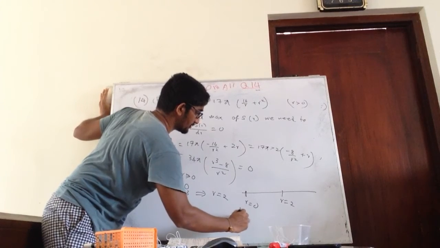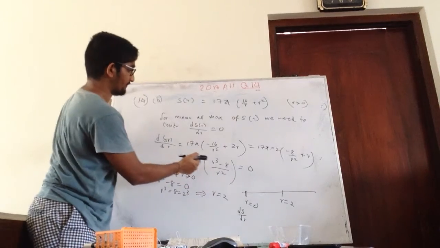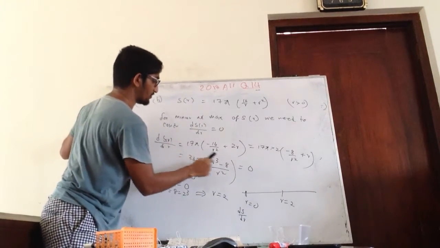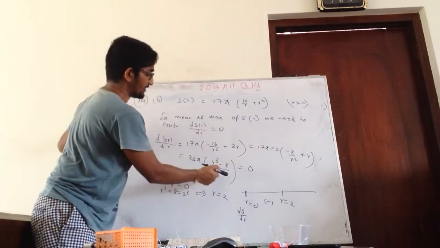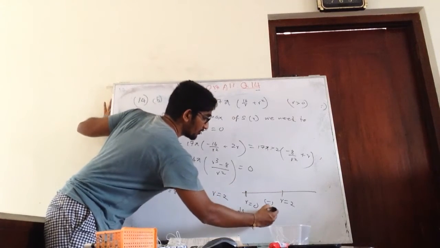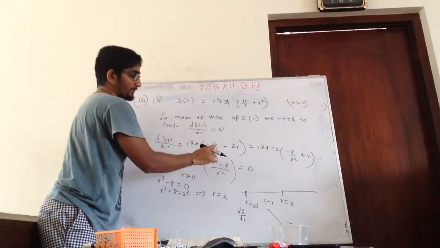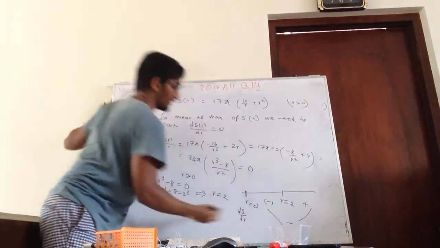Then dS over dr. Then you put something like 1 here. So if you put something like 1 here, this part is anyway positive. Here this will be 1 minus 8. So that is negative. This is anyway positive. So this will go like this. And if you put something like 3 here, 3 to the power 3 is 27. 27 minus 8 is going to be positive. Right?